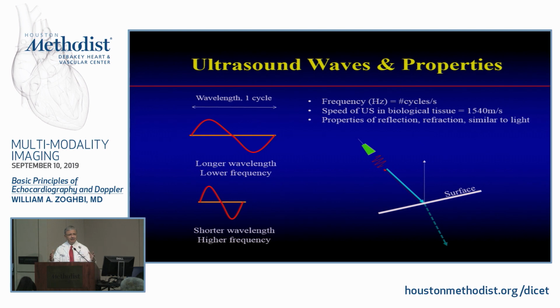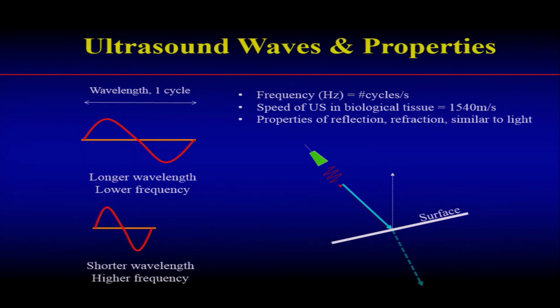Most of what you send gradually dies down or is reflected somewhere else. And what you're going to see is what is reflected back, that less than 1%, and you amplify that with various technologies, etc. We know the speed of ultrasound in biological tissues is 1,540 meters per second.